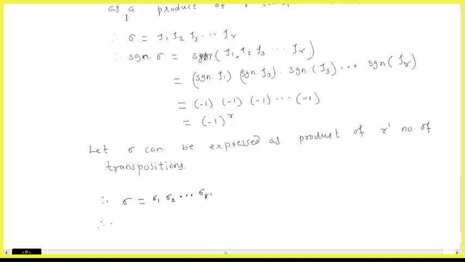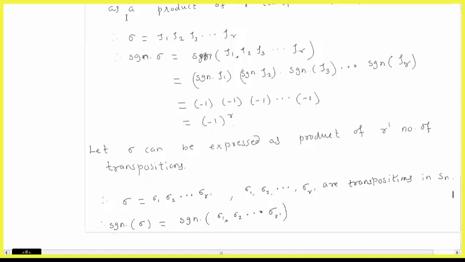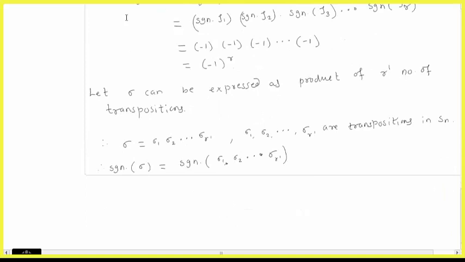So therefore sign of sigma is equal to sign of sigma 1, sigma 2 and so on sigma r dash. What are these? Sigma 1, sigma 2 and so on sigma r dash are transpositions in S n.